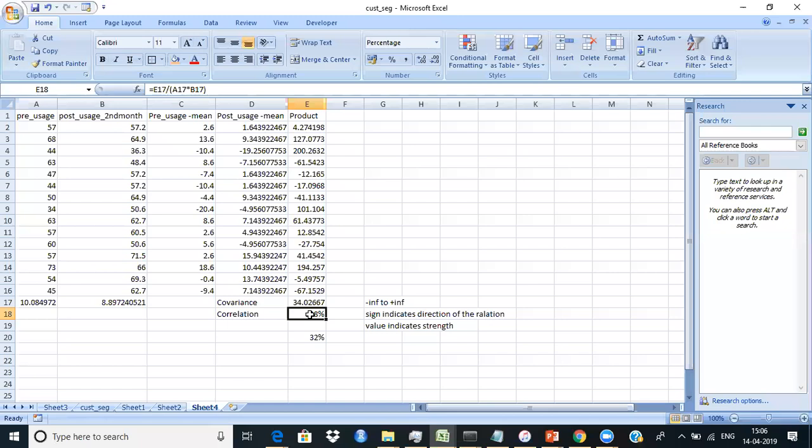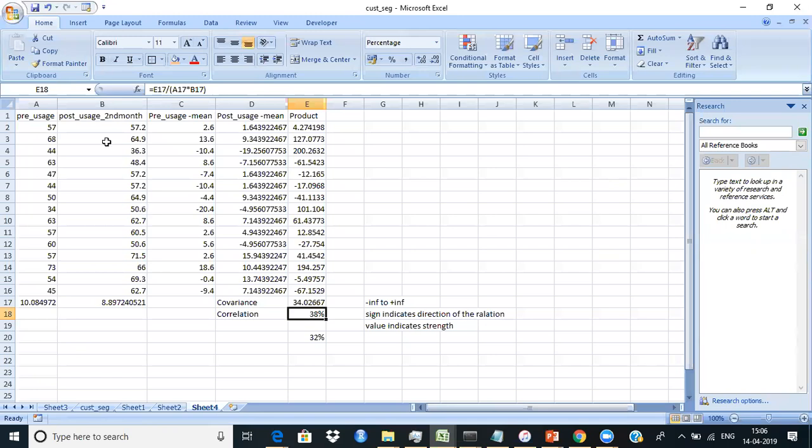So what is correlation? Correlation is covariance divided by the standard deviation of the two variables. What is covariance? Covariance is the average of the product of differences of each variable from their mean. Sounds complex when you say it in English, but you understand.